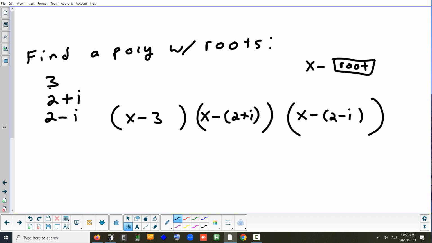Now, when it's just a real number, that's simple. X minus 3, there's nothing we can do with it. What do I have to do with the negative on those other two? Yeah, I have to distribute it. Okay, so let's distribute it. And what do you get if you distribute out that negative?